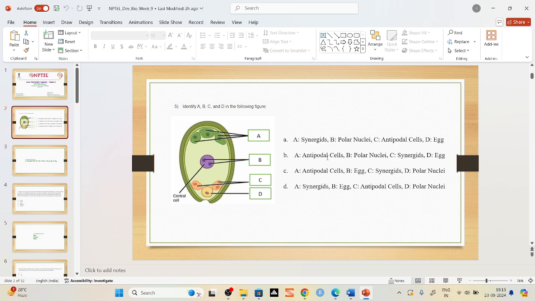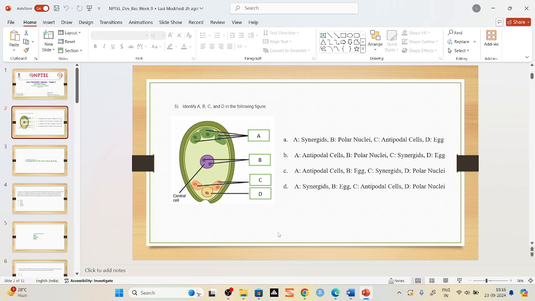Second is A, antipodal cells, B is polar nuclei, C is synergids, and D is egg. Third option is A is antipodal cells, B is egg, C is synergids, and D is polar nuclei. And the fourth option is A is synergids, B is egg, C is antipodal cells, and D is polar nuclei.